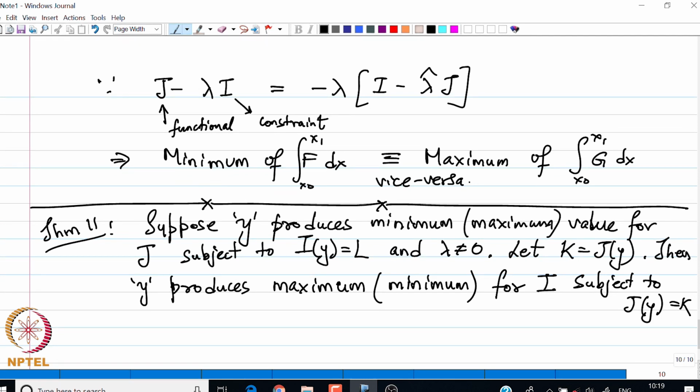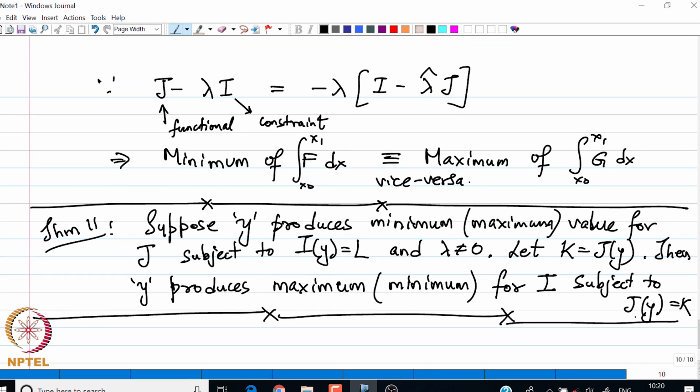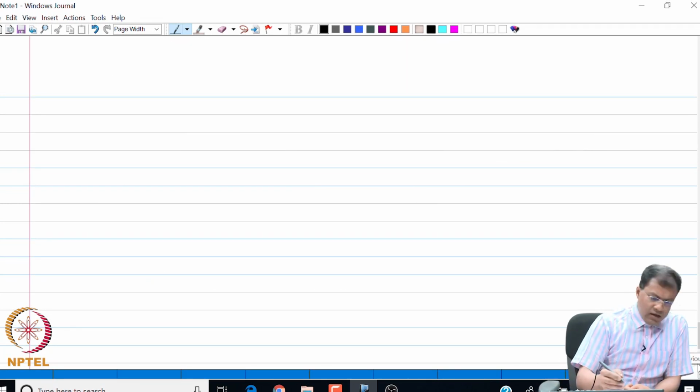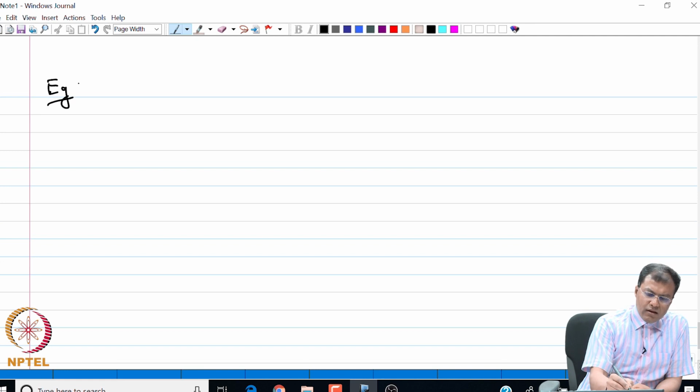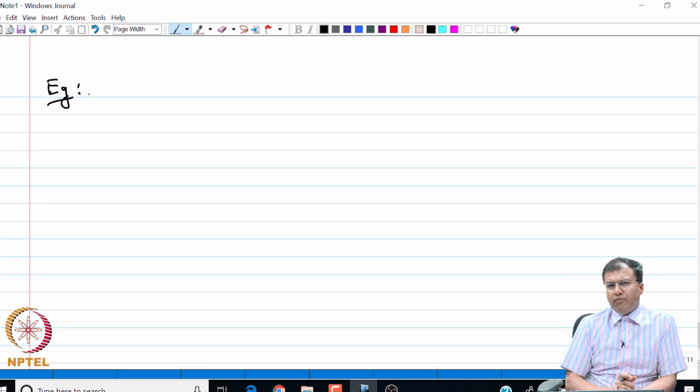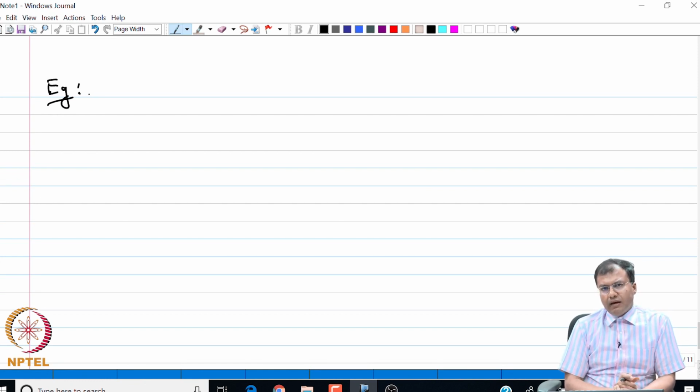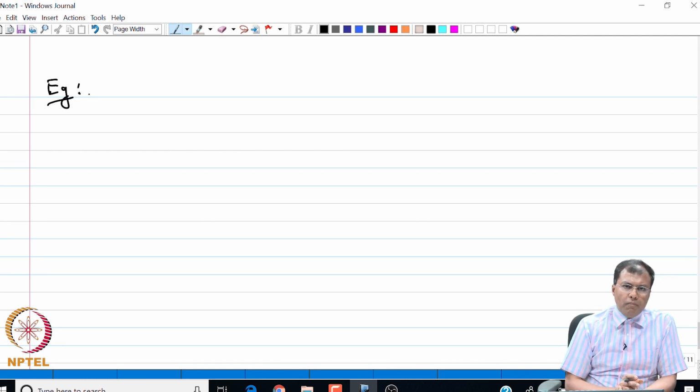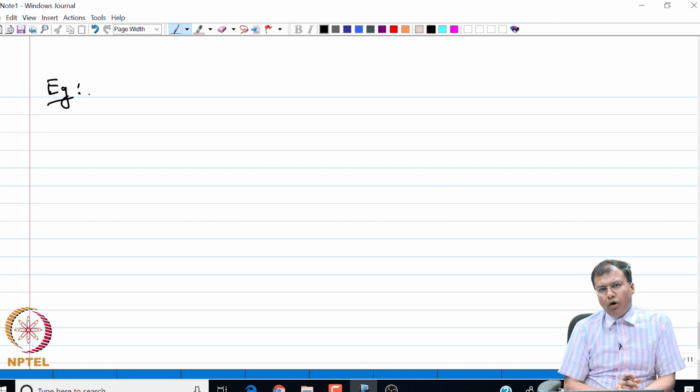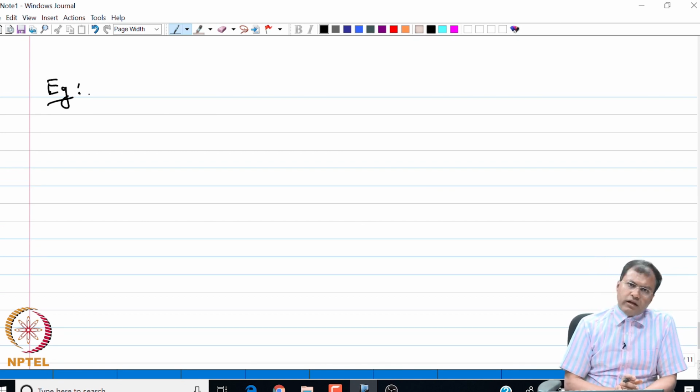To quickly look at what this result means, let us again revisit the problem of the catenary. In the catenary problem, we were trying to minimize the potential energy subject to the length of the cable being fixed. There is another way to state it: we are trying to maximize the length of the rope subject to fixed potential energy, and that is how the roles are reversed.